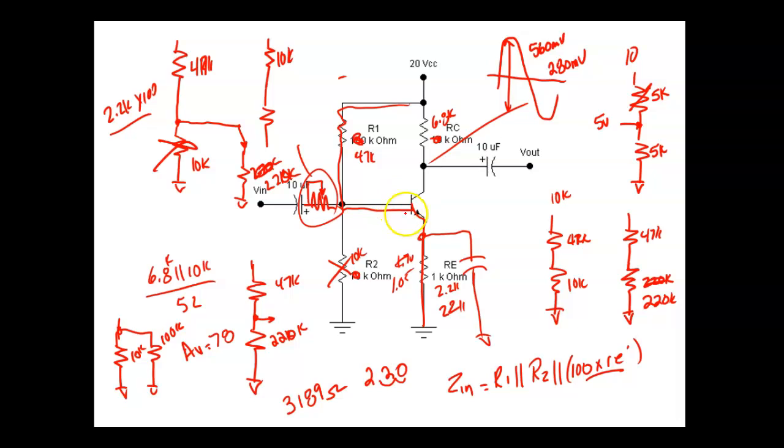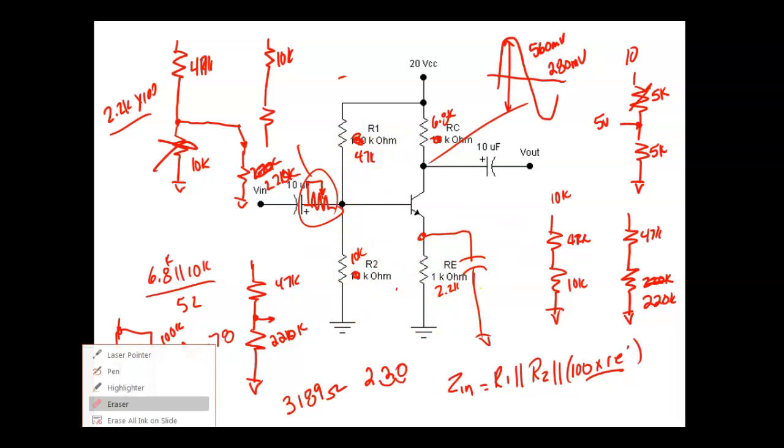So here we have a path. When R2 opens, we move over to this path, right? You understand? What I'm going to do is come up here and open up this guy right here. So what would my base voltage go to?